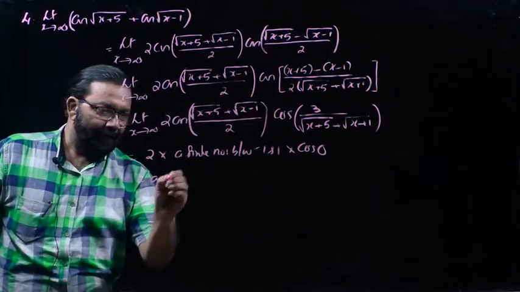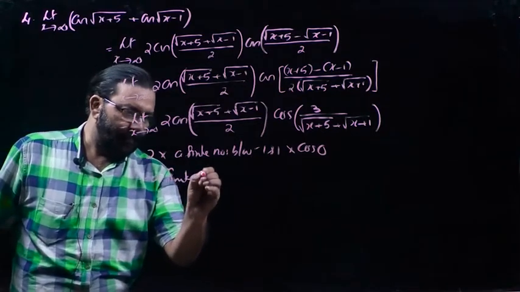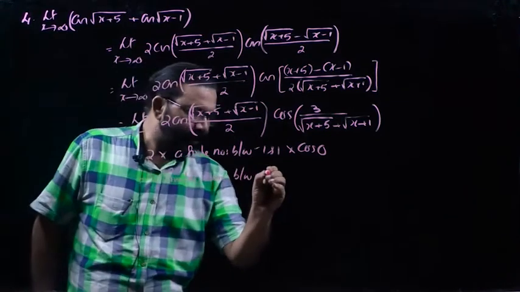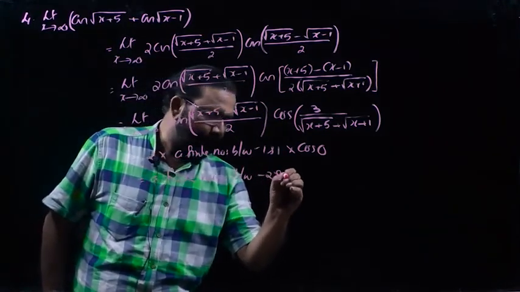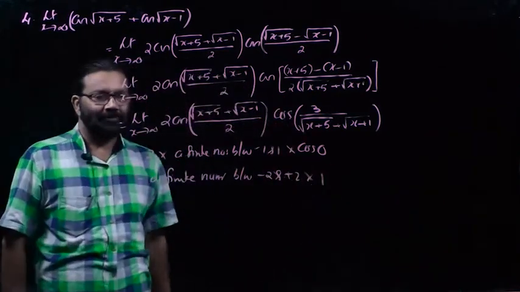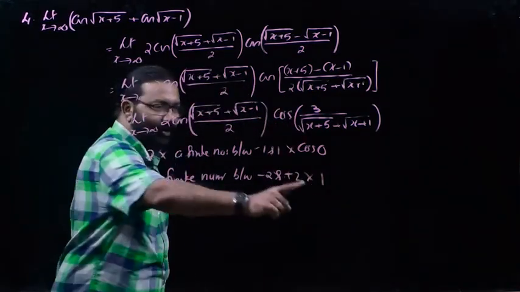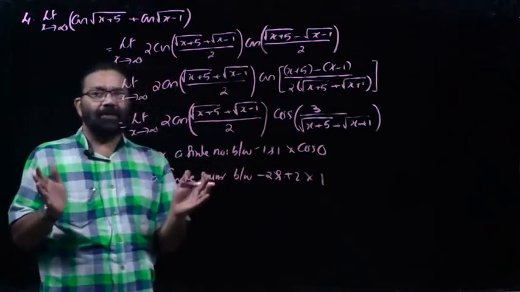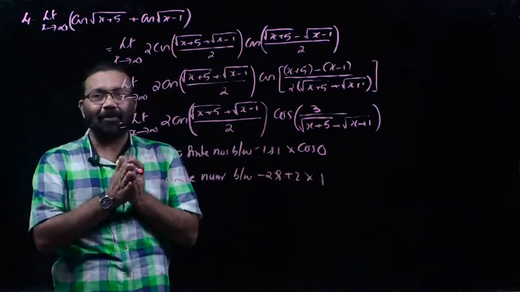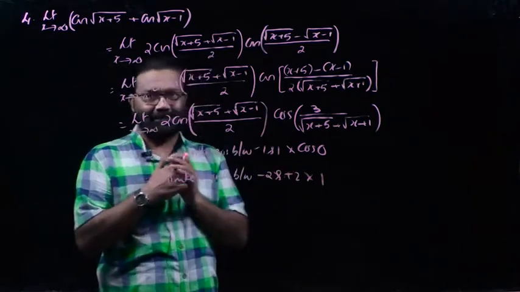Now you are getting a finite number between minus 2 and plus 2 into cos 0 is 1. So, you can see that 1 into a finite number between minus 2 and plus 2 is also a number between minus 2 and plus 2, but we don't know what that particular value is.